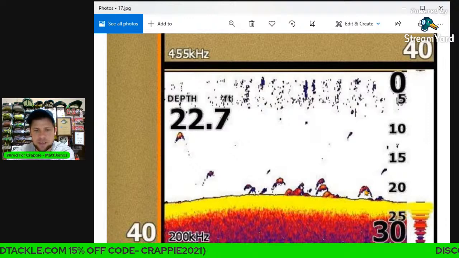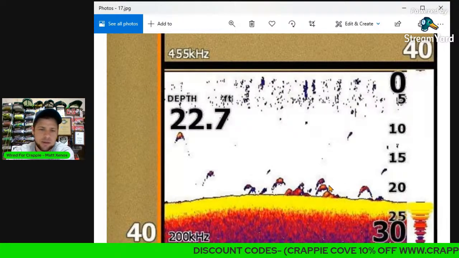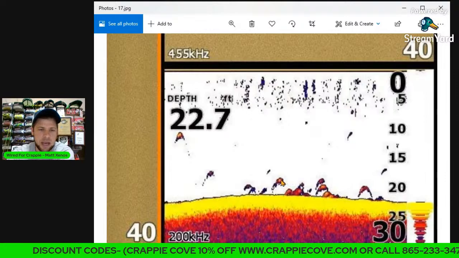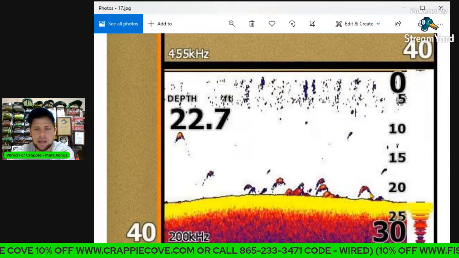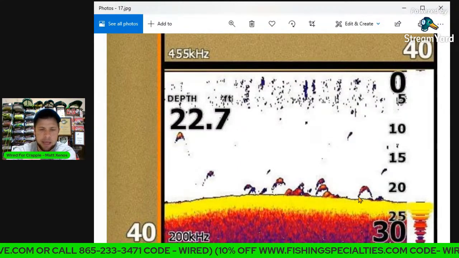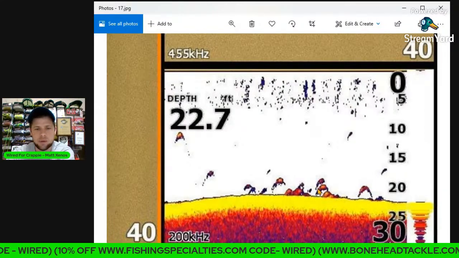See how this fish is an arch? So you've got the air bladder right there, and then there's your fish. Those little yellow peaks are the fish's air bladder. And that arch is created by the body of the fish and the air bladder being up in the top. It's catching that air bladder and giving you a return.